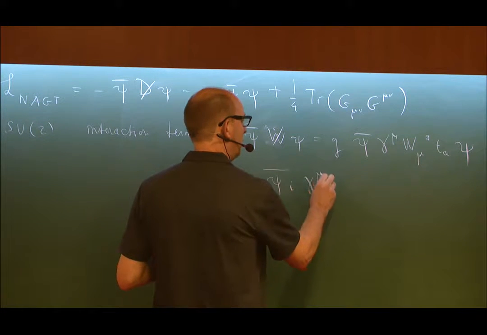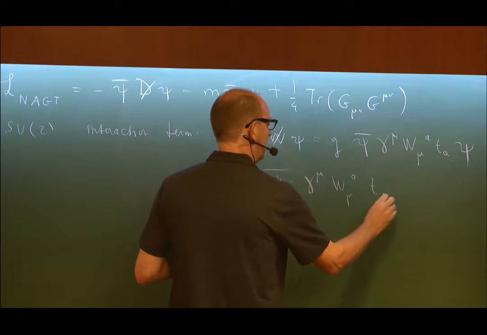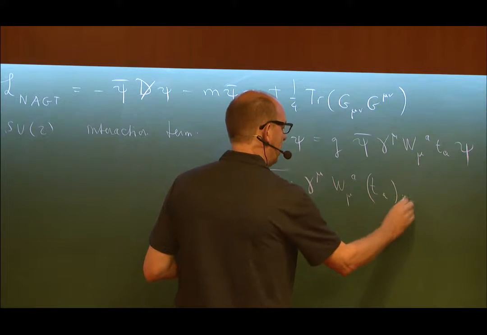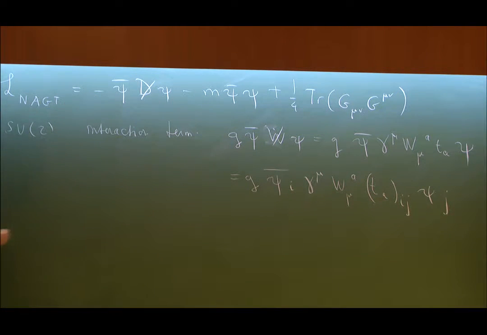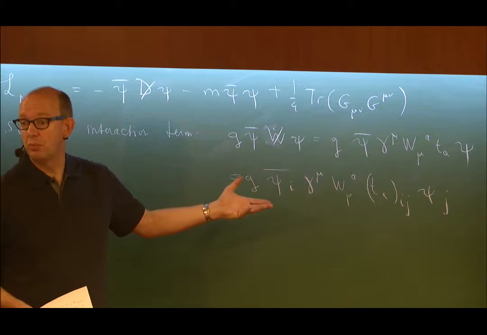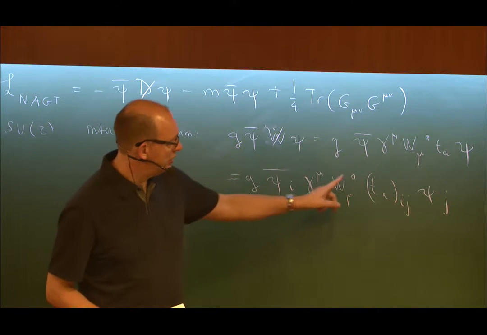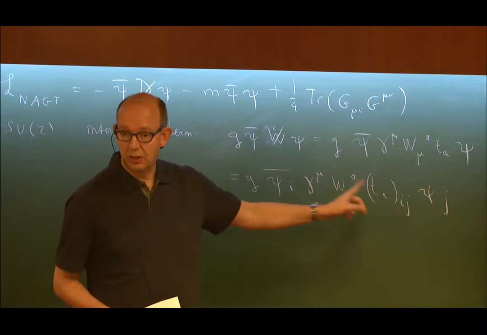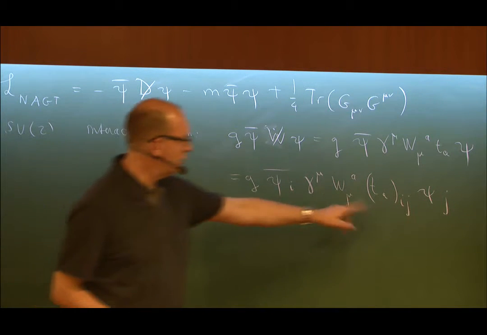Gamma^mu, W_mu^a, T^a_ij. So i runs from 1 to 2, this is SU(2), and j also. You see here, this is a contraction over the 3 generators. And, well, you just have i, j, j.